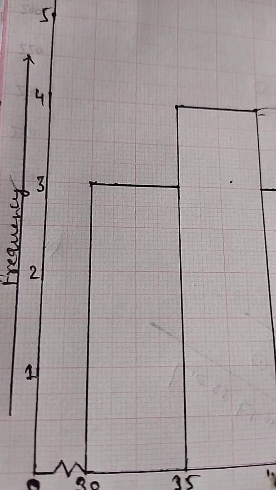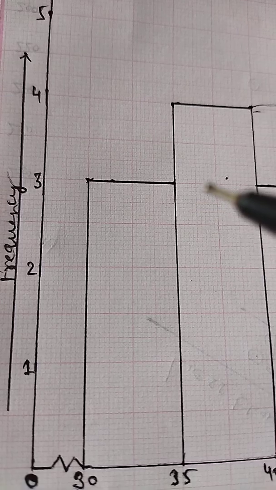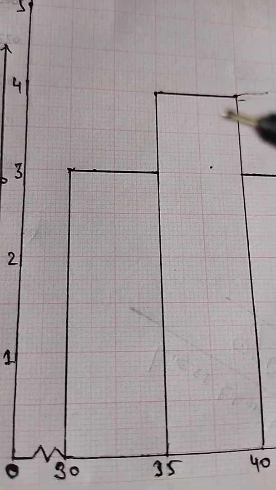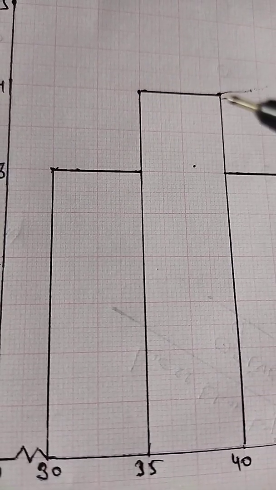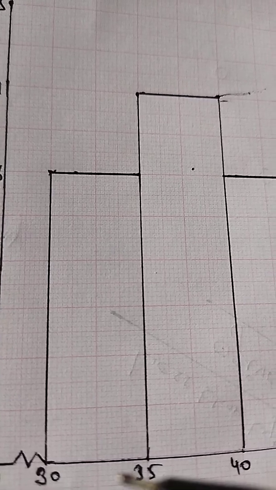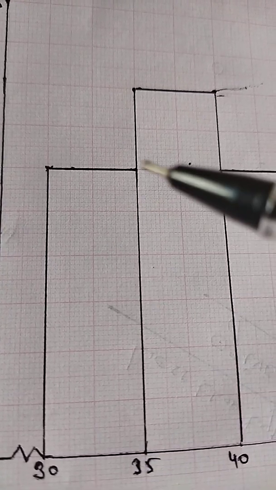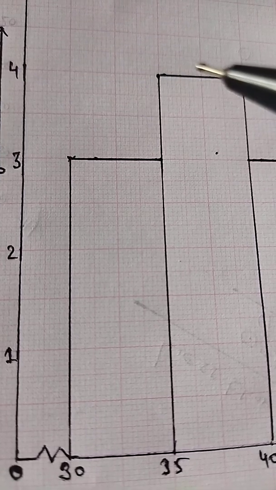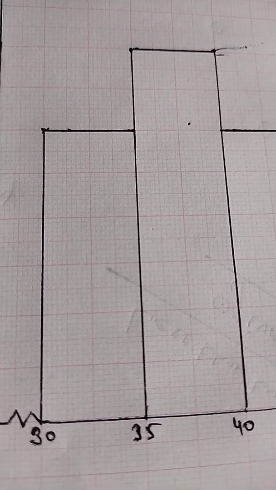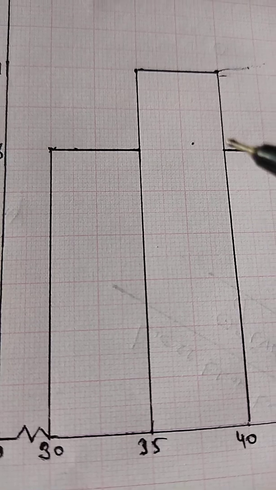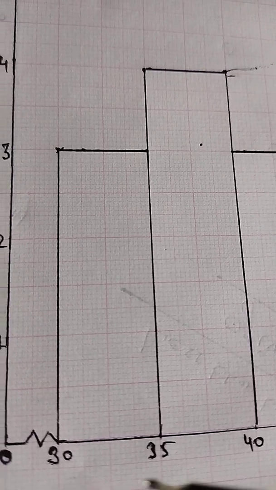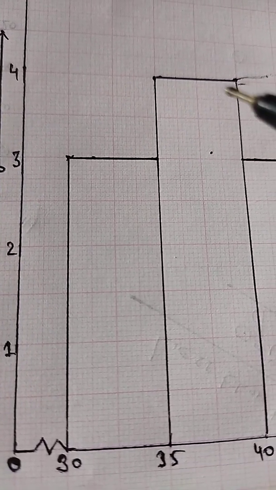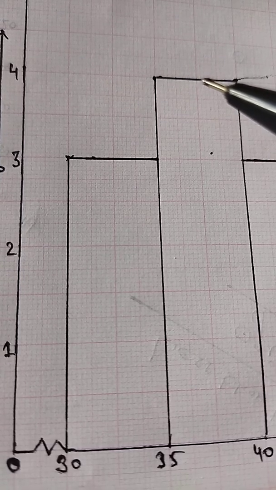Now immediately at 35 the next begins. But the frequency of 35 to 40 is 4. You can read the frequency table. So extend this line at 35 up to 4, and close at 40. So the frequency of 35 to 40 is 4.